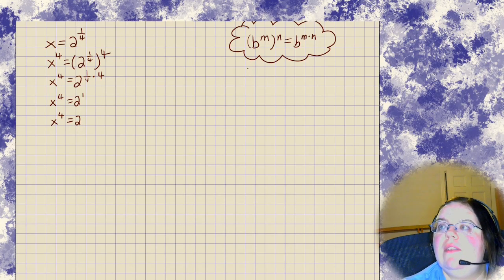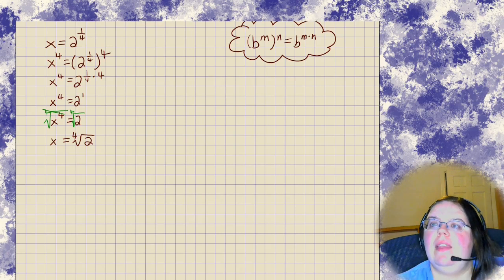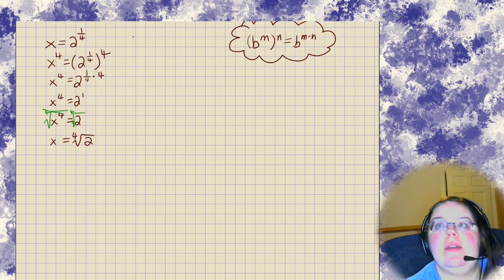Well, what if we just take a 4th root on both sides? Then that should give us that x is just the 4th root of 2. Now I need to point something out here.